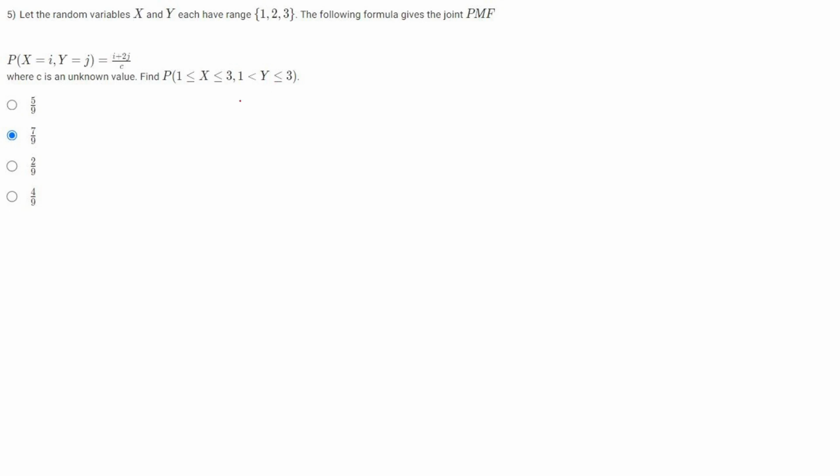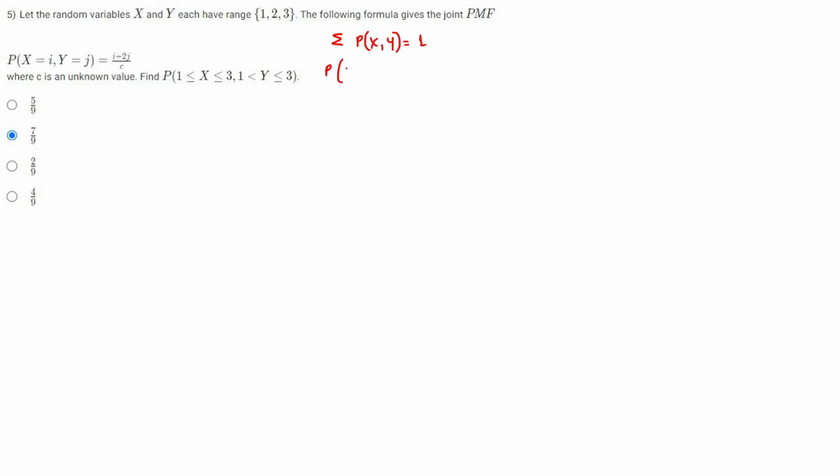So now, we have to find out what is the value of c first. So to do that, we'll just use the formula, that is sigma p of x comma y is equal to 1, right? So what are the different possible values here?